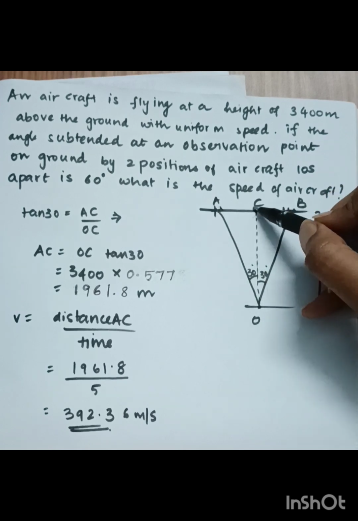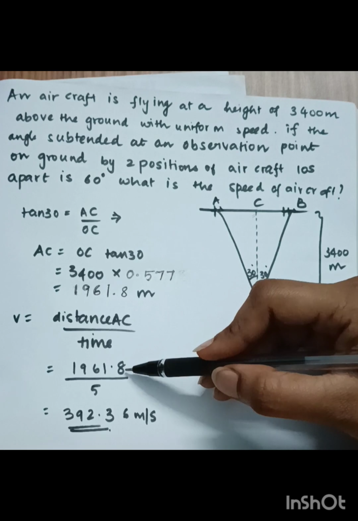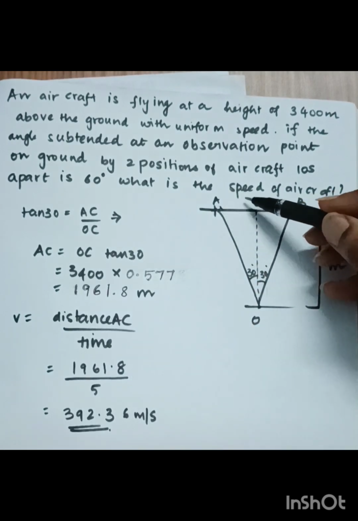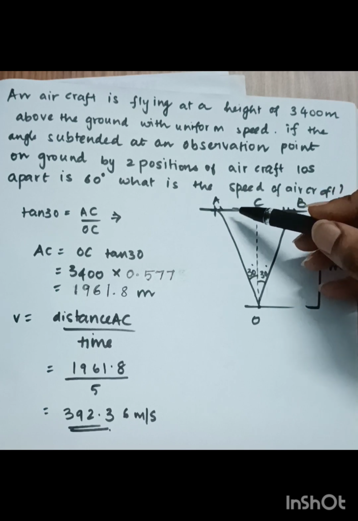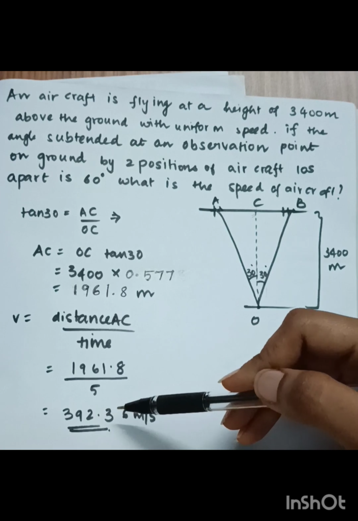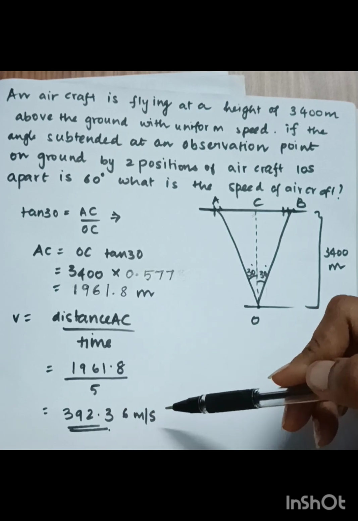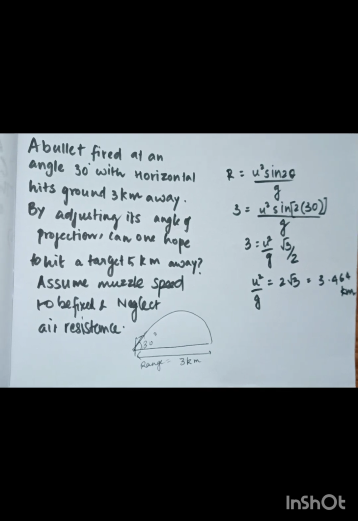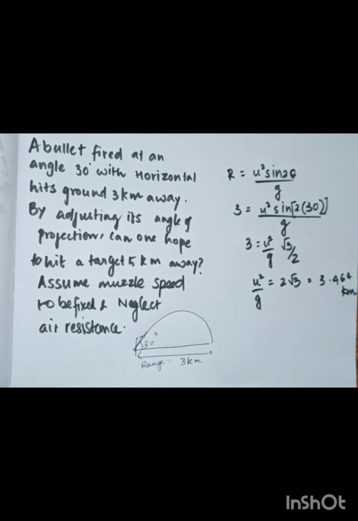So this distance we know, AC equals 1961.8 meters. Time is 5 seconds, because this distance will take only 5 seconds. So 1961.8 by 5 is 392.36 meters per second.